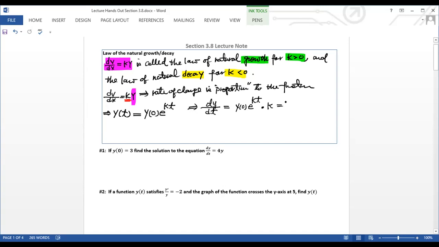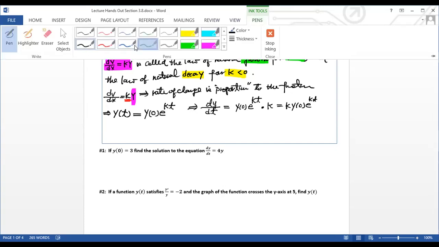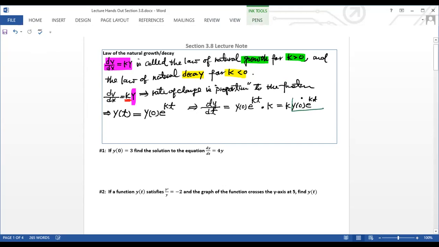So you get k times y0 e^(kt). And y0 e^(kt) is your original function y(t). So the rate of change is equal to a constant times the original function y(t). That's what we mean by natural growth or natural decay.